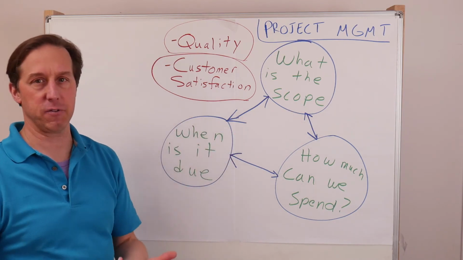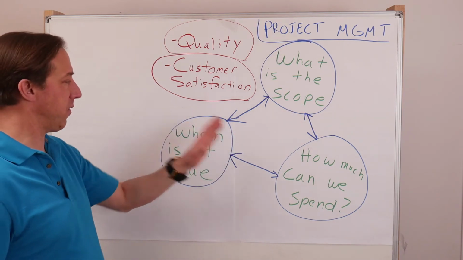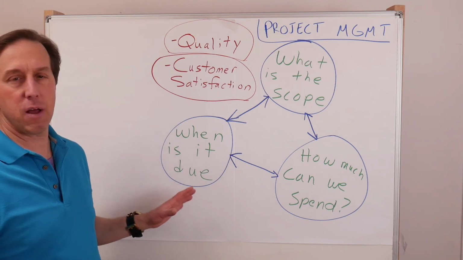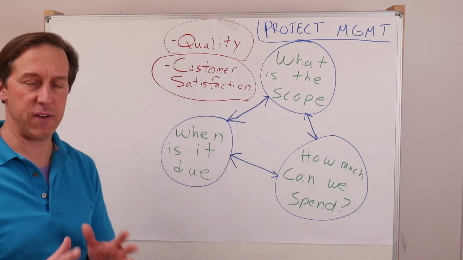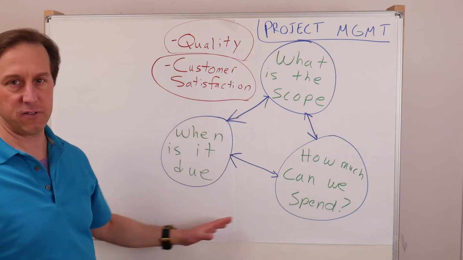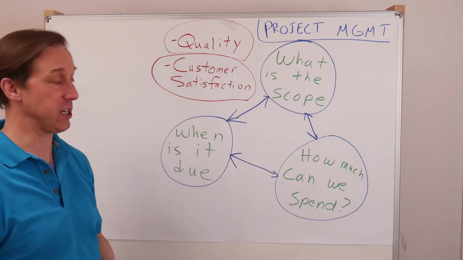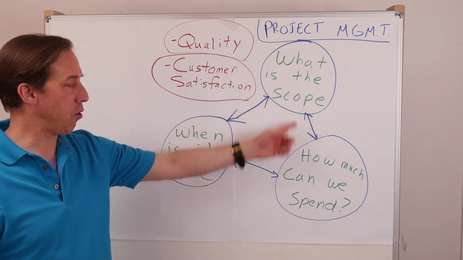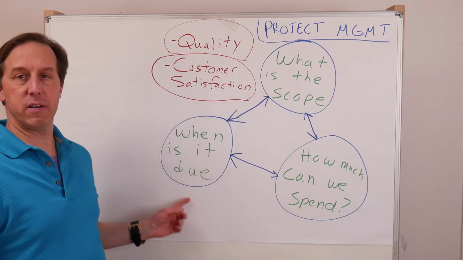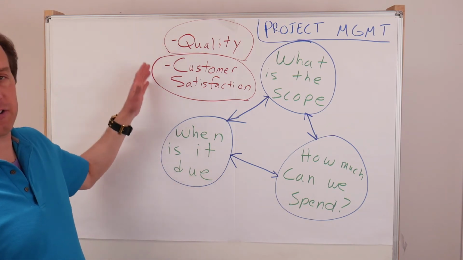There are other trade-offs. And even though this is a fairly top-level overview, there are a lot of nuances. I mean, people spend advanced careers just balancing and managing this for a large project.